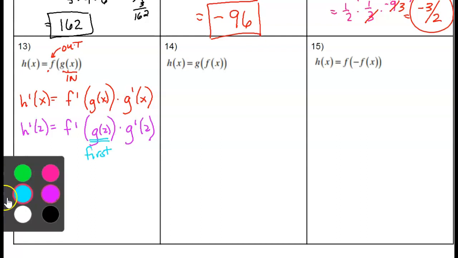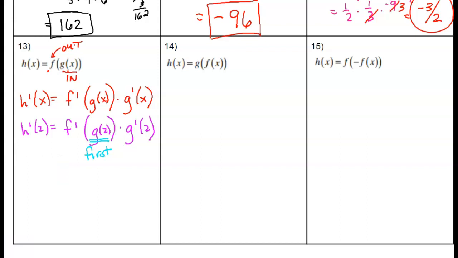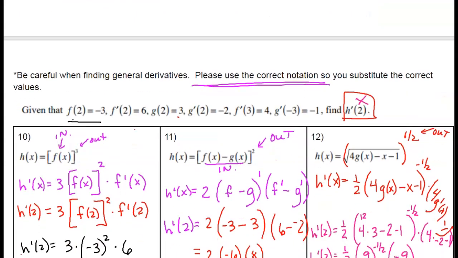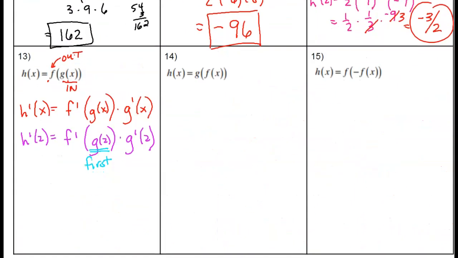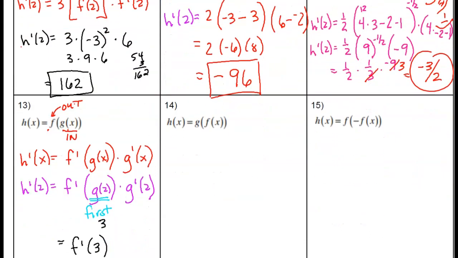Okay, now as a review, with composition, you have to do this first. So g of 2, let's look up here, g of 2 is 3. So that's 3. So really, this is f prime of 3. Okay, that's why they give you those other values. g prime of 2, let's look up. g prime of 2 is negative 2.